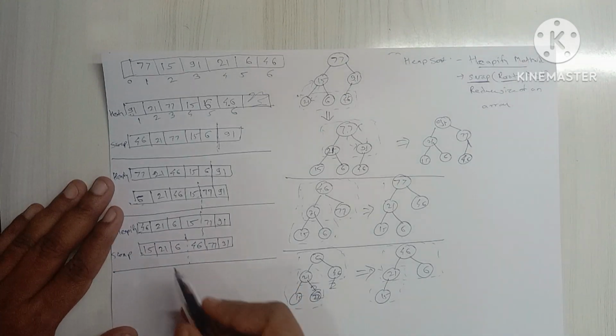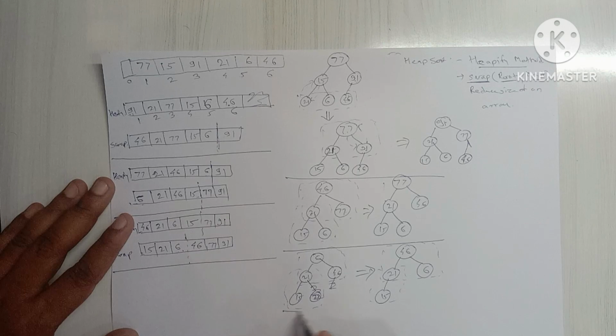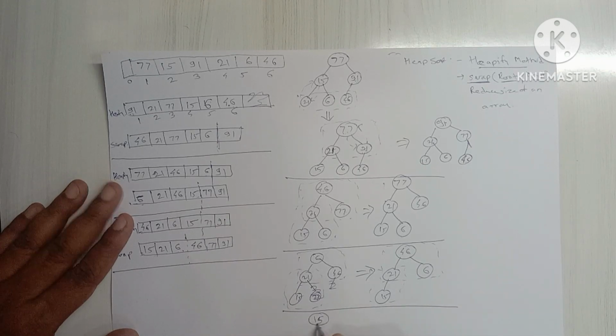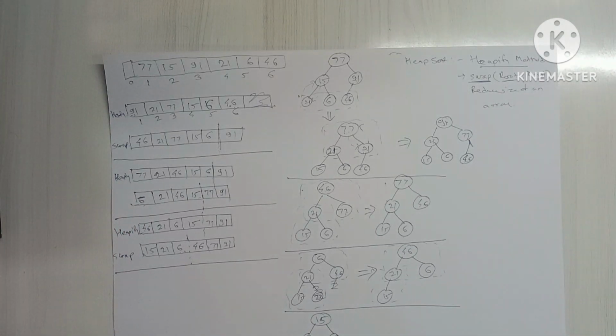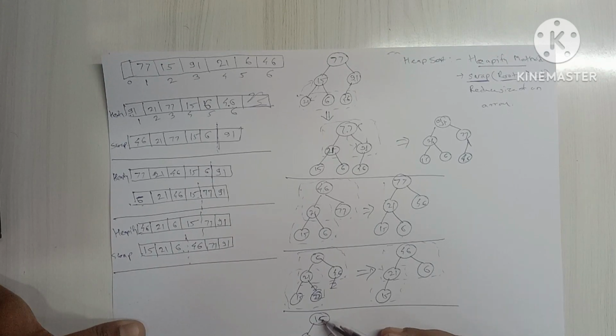Now again 3 elements are remaining in the heap. Okay, that is 15, 21 and 6. So how we can represent it? 15 is the root element, 21 is the left of it, and 6 is the right of it. Now check whether it is a max heap or not. It is not a max heap because parent value is not greater than its children.